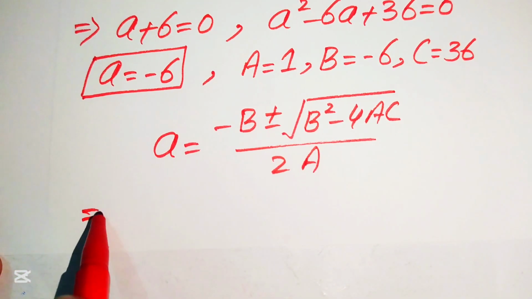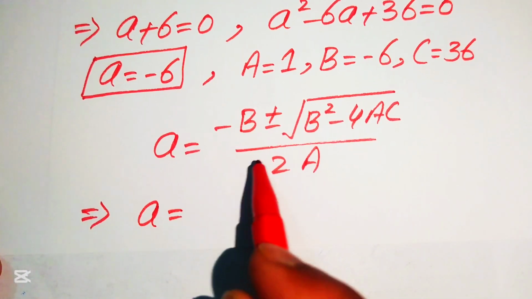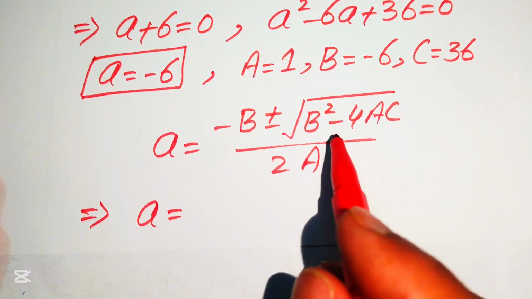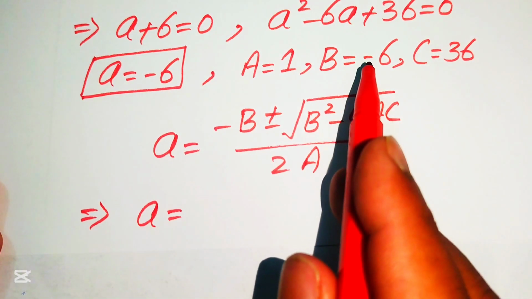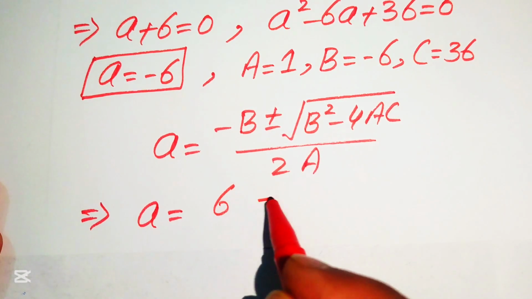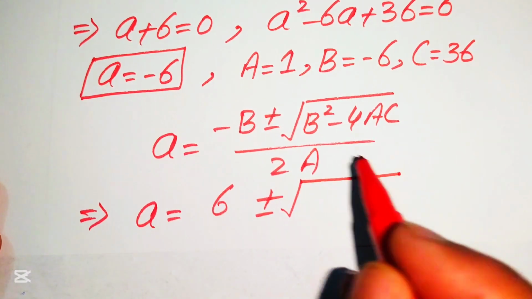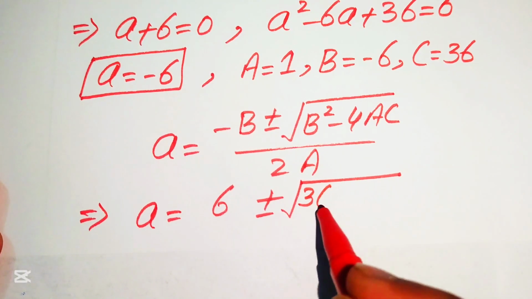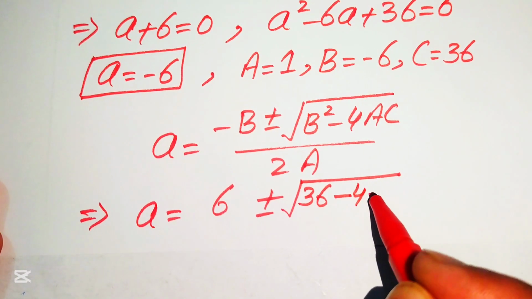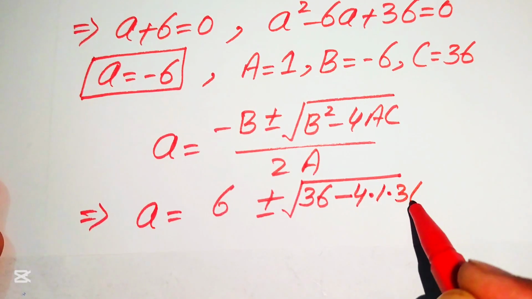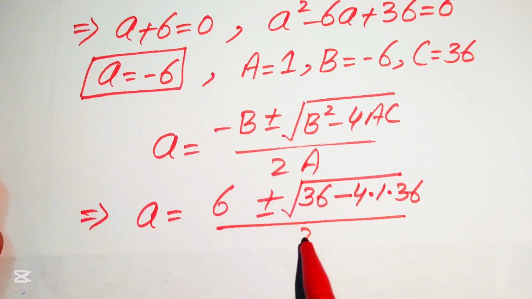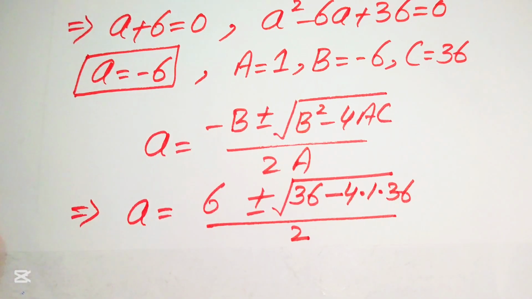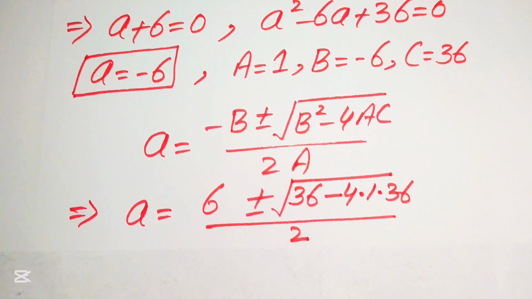So here we put the values of a, b and c here. So the value of b is minus 6. This is minus times minus becomes plus 6, and plus minus square root of b square. B is minus 6 square is 36, and this is 4 times a is 1 and c is 36, and it is divided by 2 times a, and here our a is also equals 1.